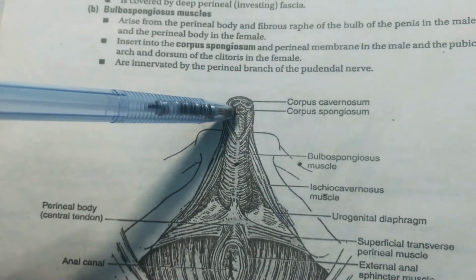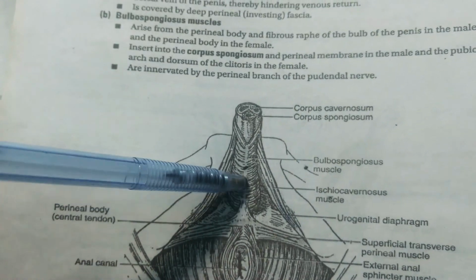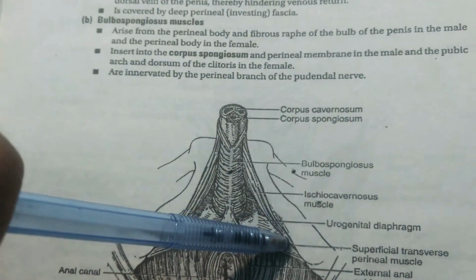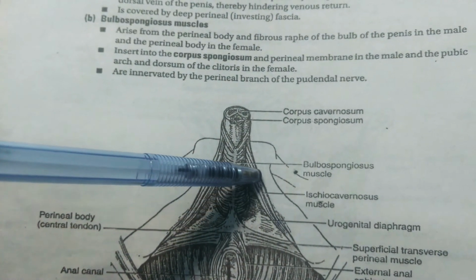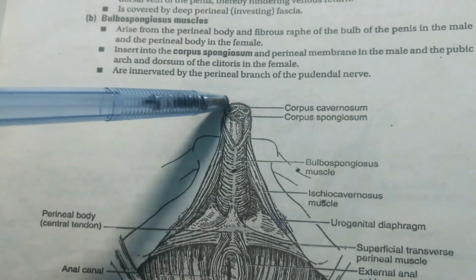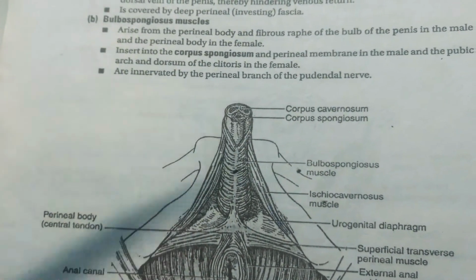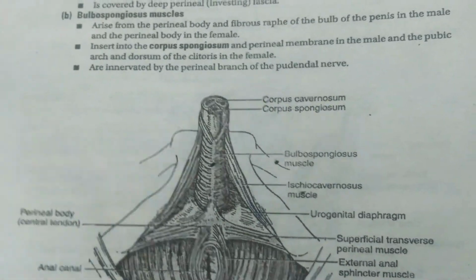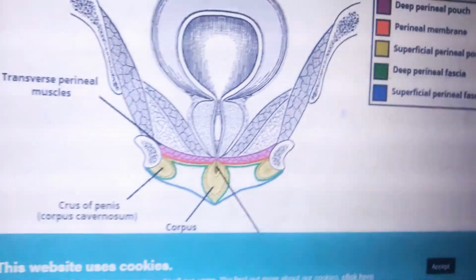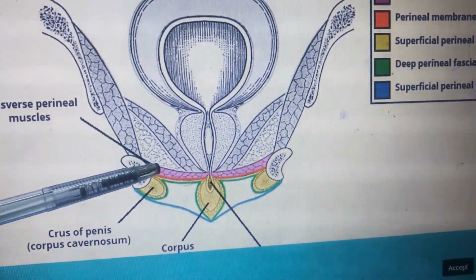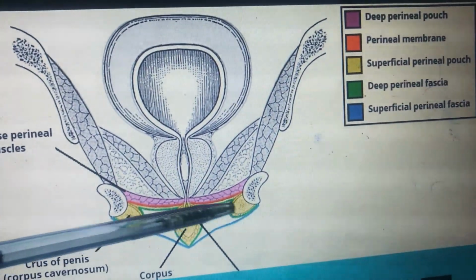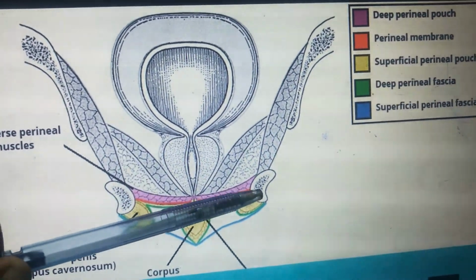This is the corpus spongiosum, and this is your bulbospongiosus muscle. The ischiocavernosus muscle is going to become continuous with the corpora cavernosa that are over here as we can see them. Right?